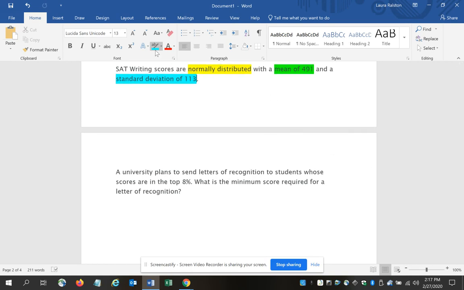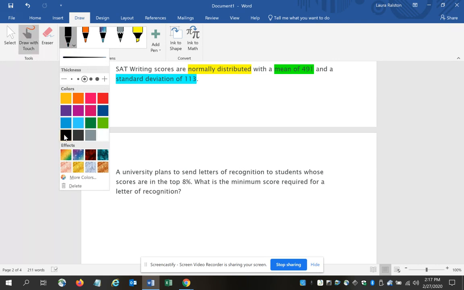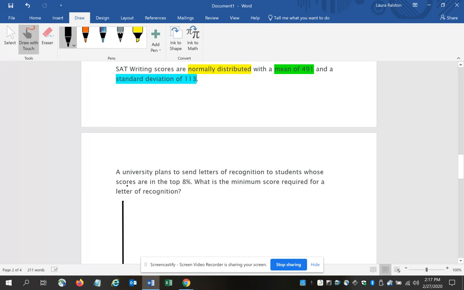Okay, so I'm going to make myself some notes. I know that my variable, which is x, is approximately normal with a mean of 491 and a standard deviation of 113.